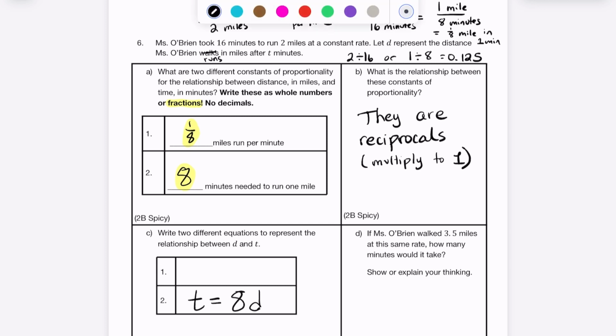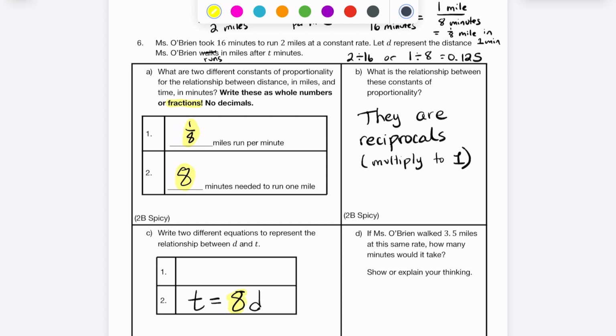So this is my constant of proportionality in the direction of trying to figure out what the time is. To figure out how long it took, time, you take the distance, how many miles, and you multiply by your speed. You're going 8 minutes per mile.